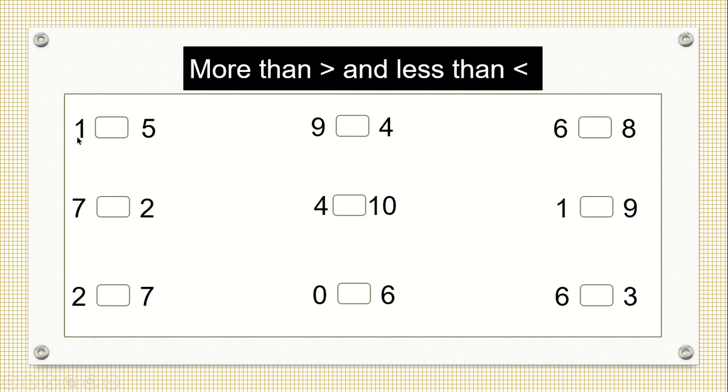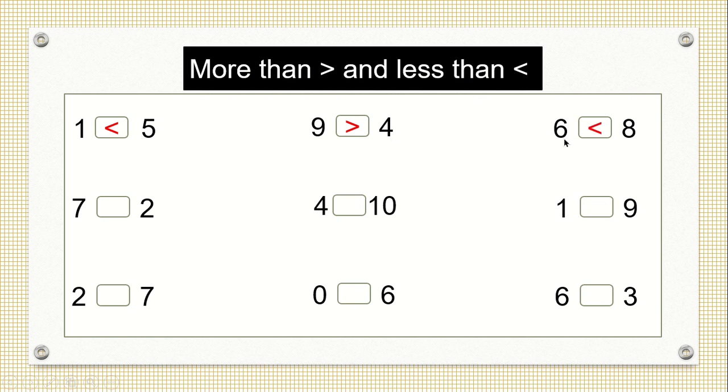We see that 1 is small. So it means that 1 is less than 5. Look at 9. 9 is big and 4 is small. It means that 9 is more than 4.